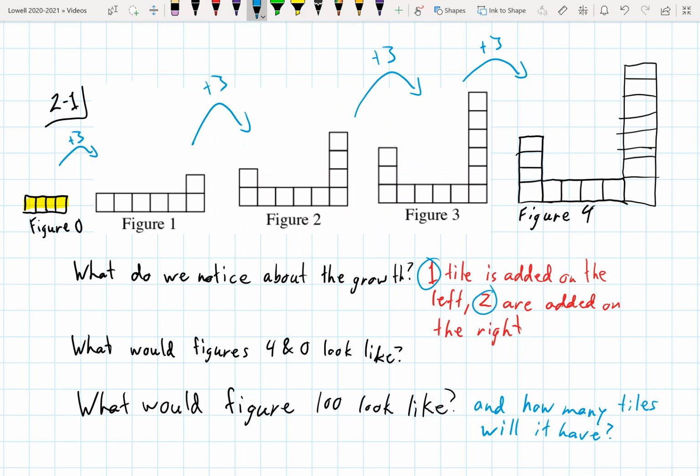Well, let's think about this. One thing that I noticed is that each tile pattern kind of still has this little 4-piece bridge in between it. That doesn't seem to change because the figure isn't getting any wider. Okay, so that's always going to be 4 tiles right here.